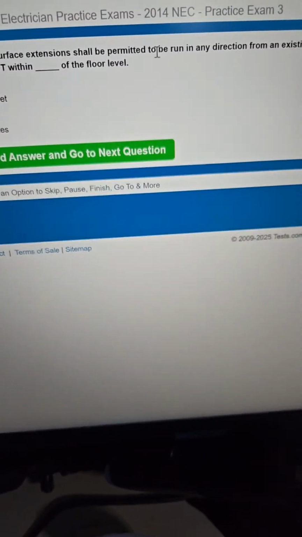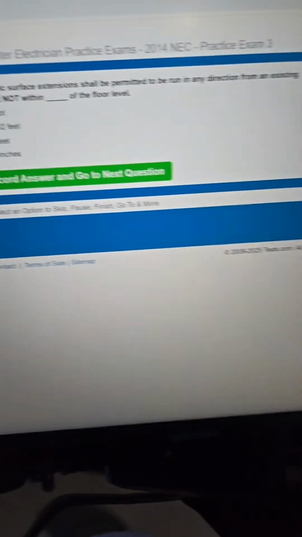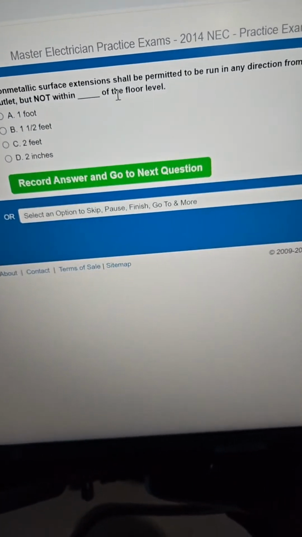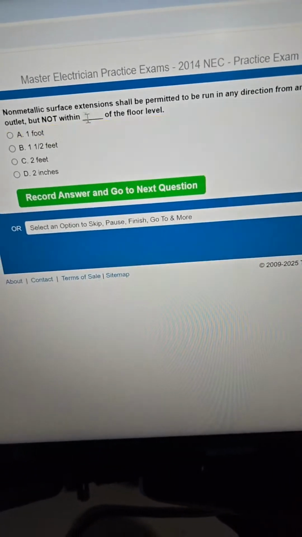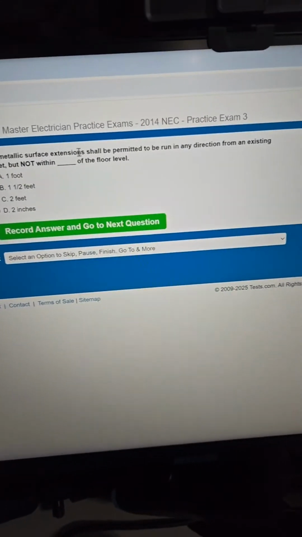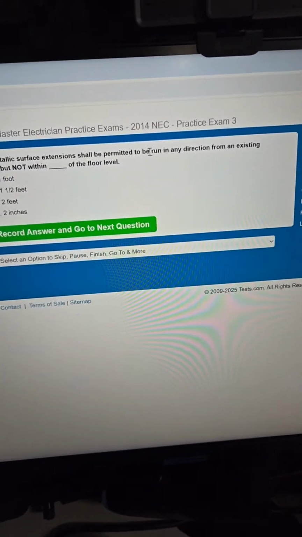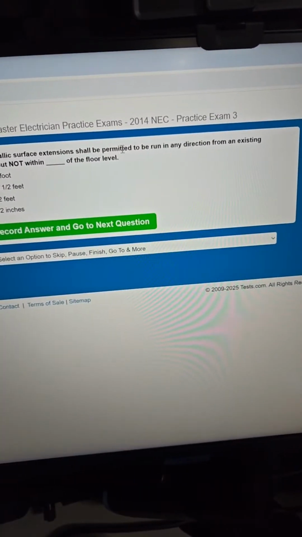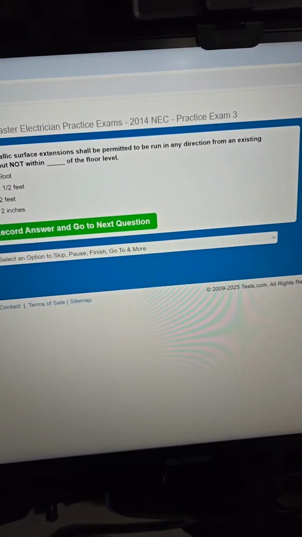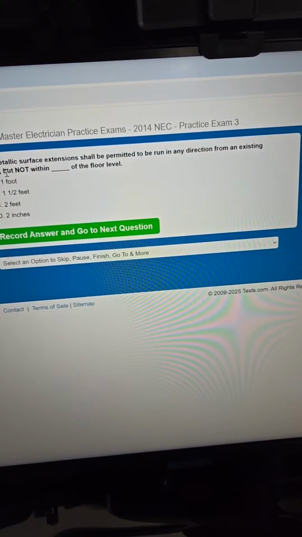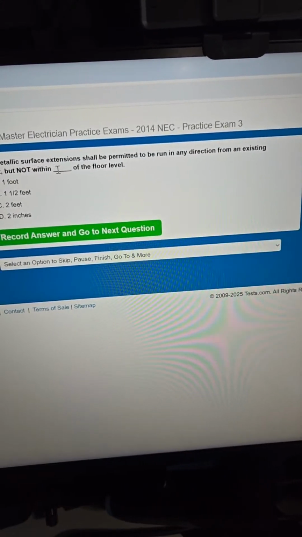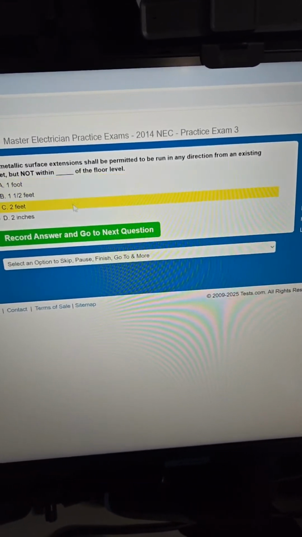Non-metallic surface extensions shall be permitted to run in any direction from an existing outlet, but not blank of the floor level. I did not know this answer. Wow.